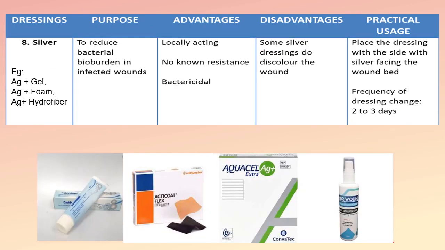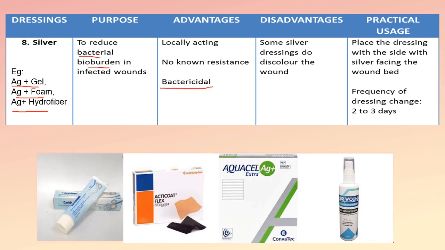Silver can reduce bacterial bioburden in infected wounds. It is usually impregnated in other forms of dressings, such as silver and gel, silver and foam, silver and hydrofiber.